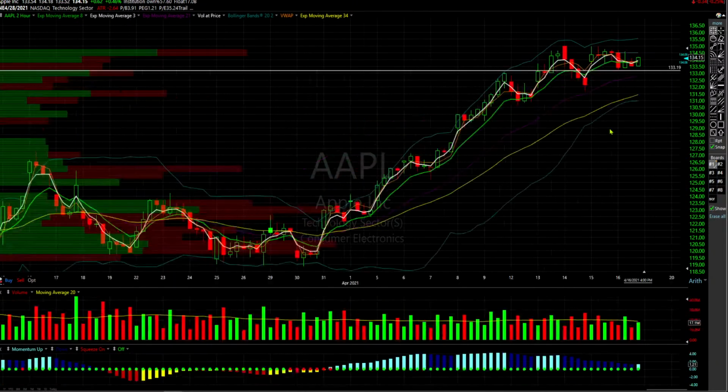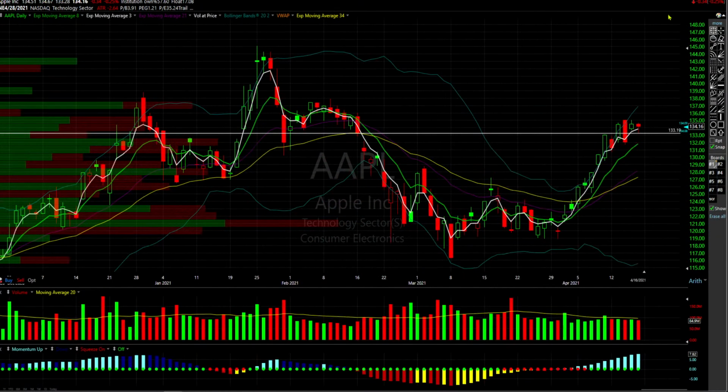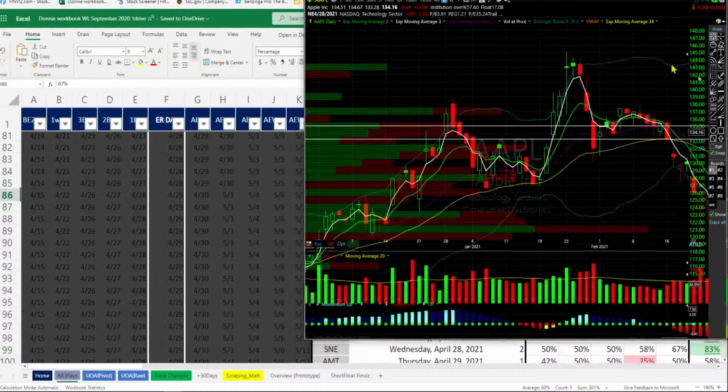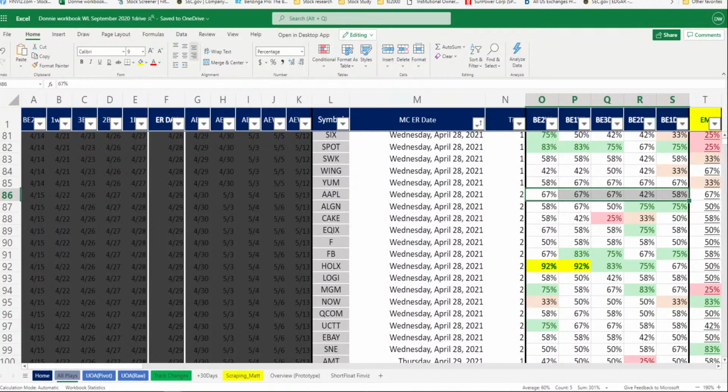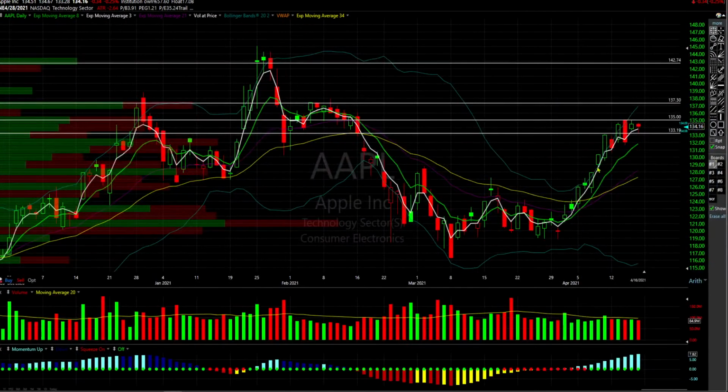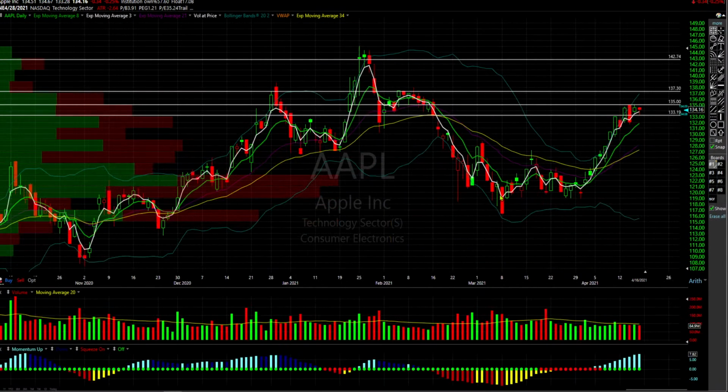But you get above, you start creating new highs. Give me one sec, I'll bring it back. Your next resistance point really, $137 and then $142. So those are the lines that I see drawn.